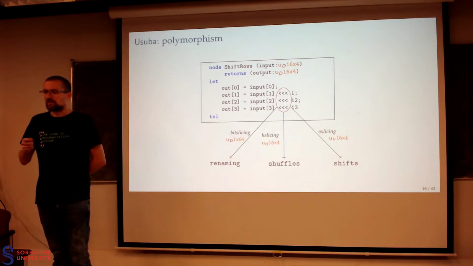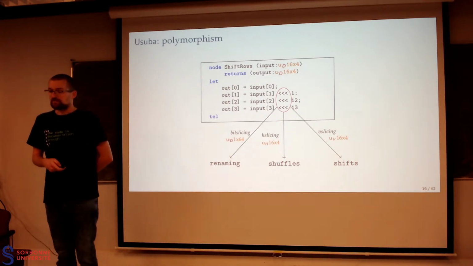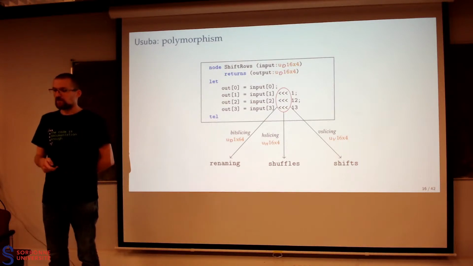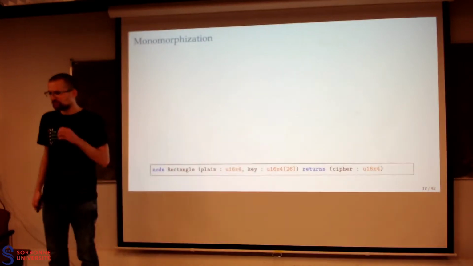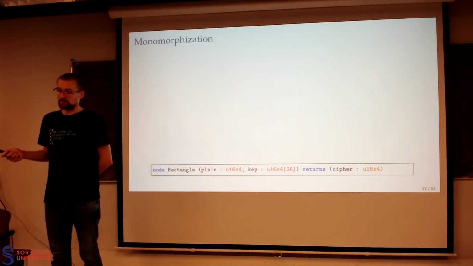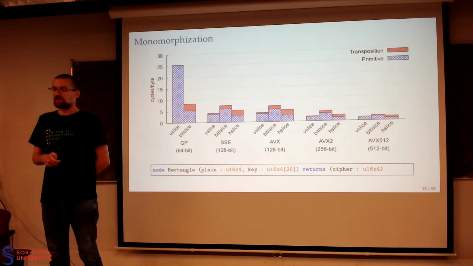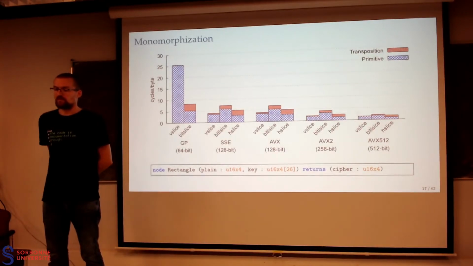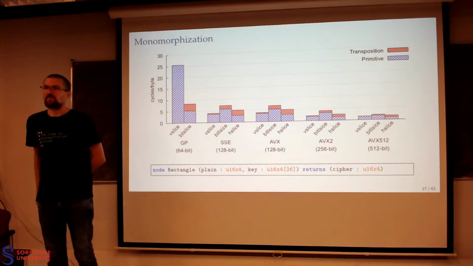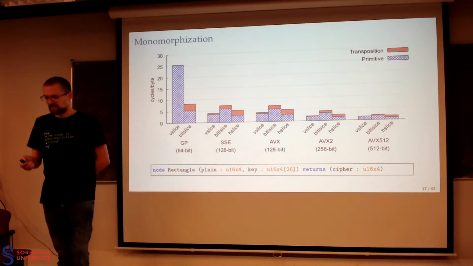But this time, the rotations are compiled to variable renaming and are basically free. So this means that from a single polymorphic implementation of Rectangle in Usuba, type U16x4, we can generate many C implementations that can be vertically sliced, horizontally sliced, or bit sliced for many instruction sets.